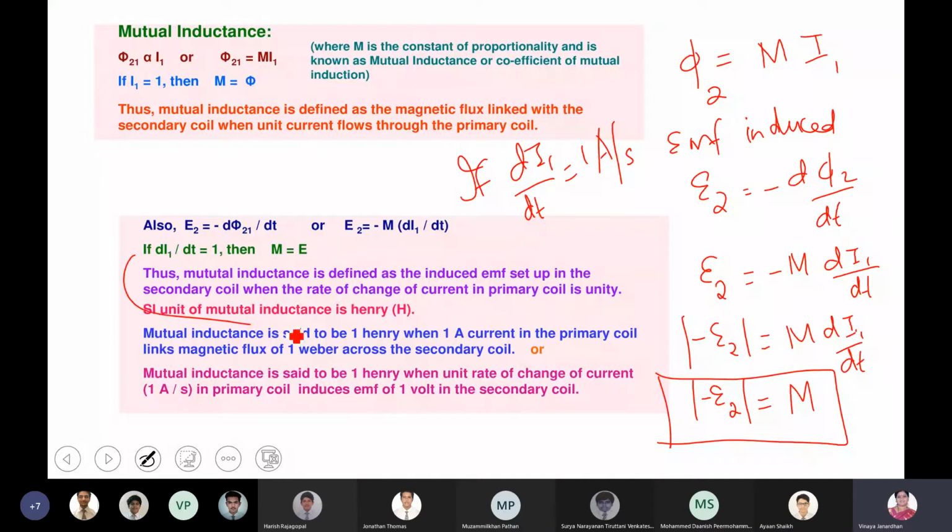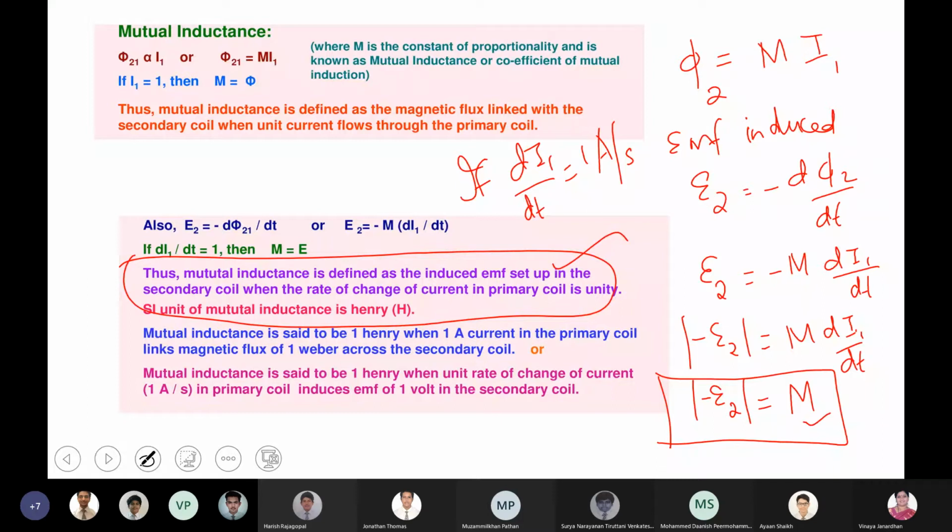This is one of the ways. The mutual inductance is defined as the induced EMF set up in the secondary coil. So the coefficient of mutual induction M is equal to the EMF induced in the secondary coil when the rate of change of current in the primary coil is unity.